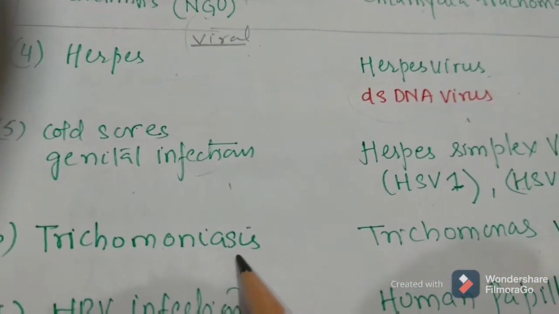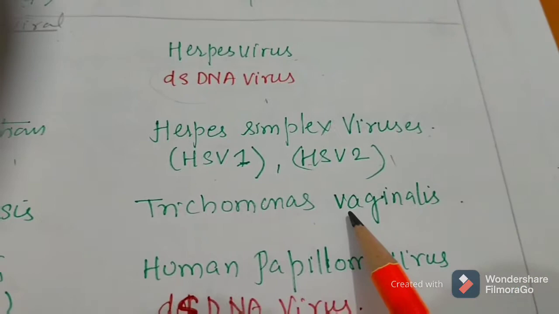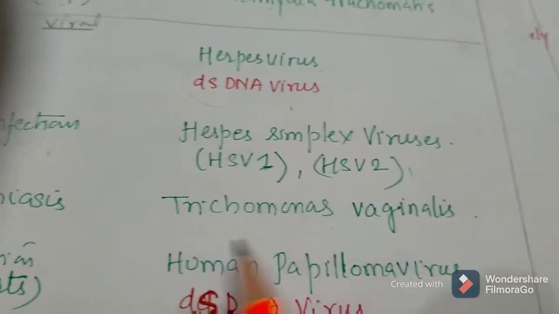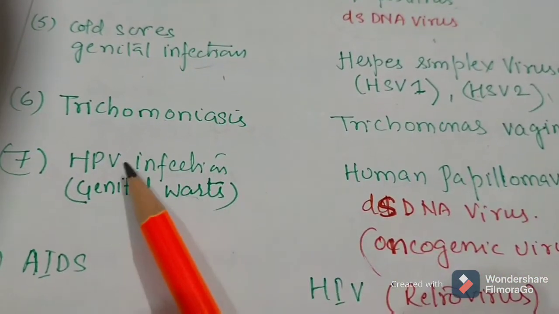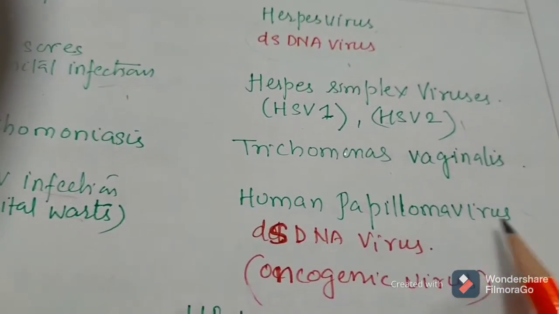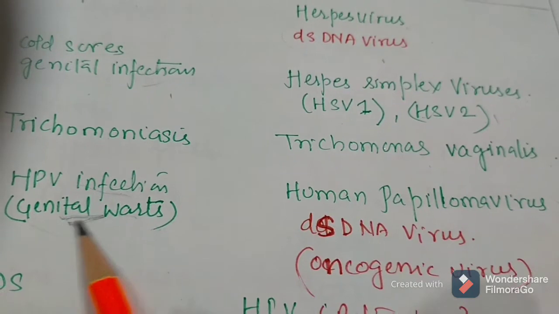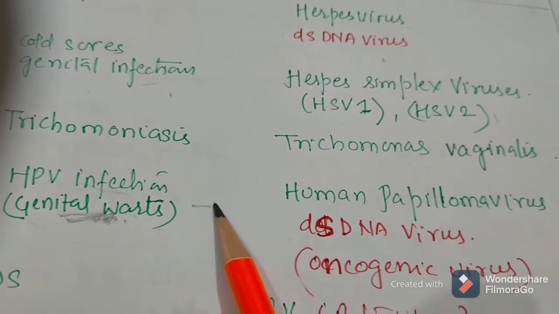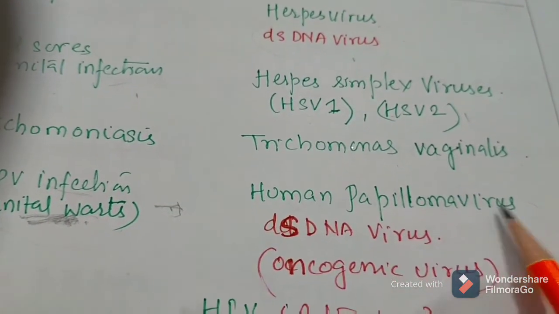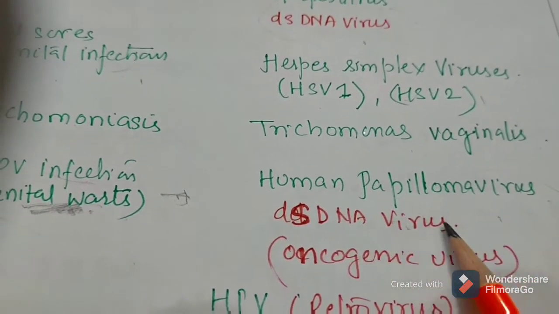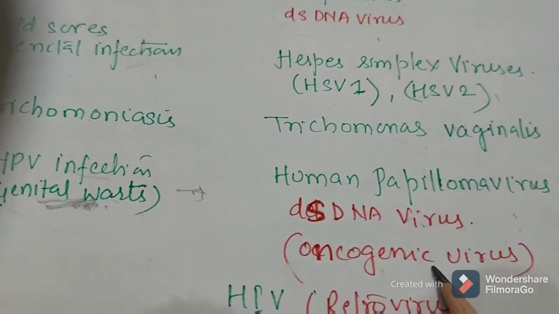Then trichomoniasis, caused by Trichomonas vaginalis. Then HPV, human papilloma virus infection, known as genital wart. This was also one of the questions. It is a double-stranded virus which is also oncogenic.